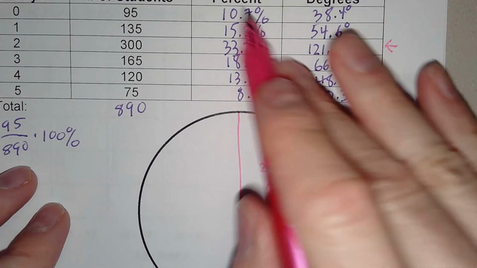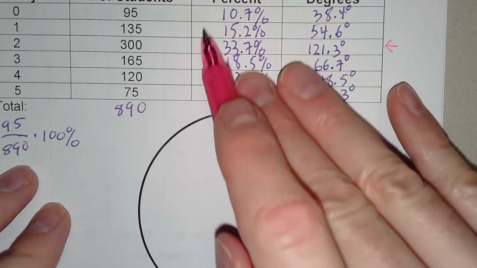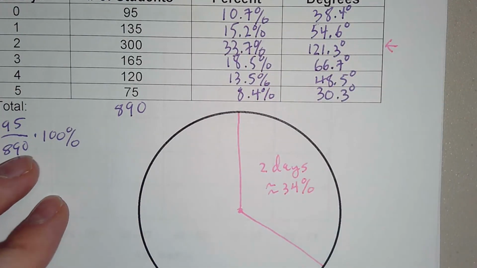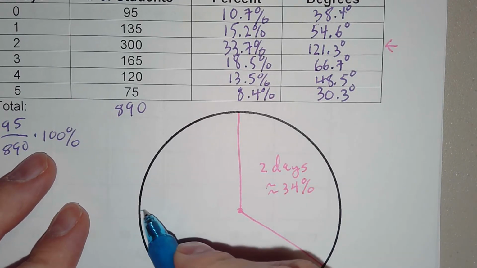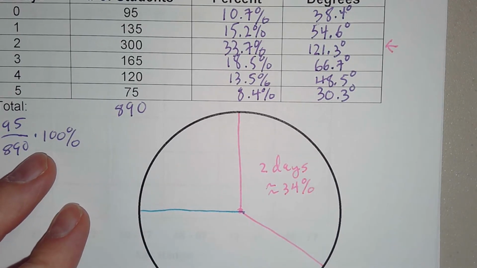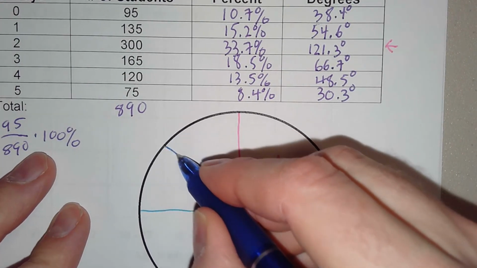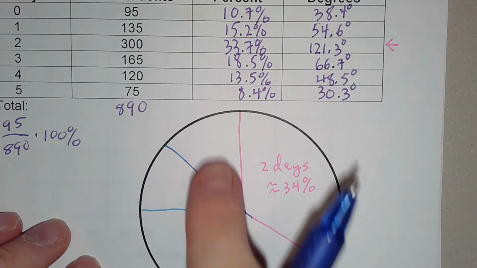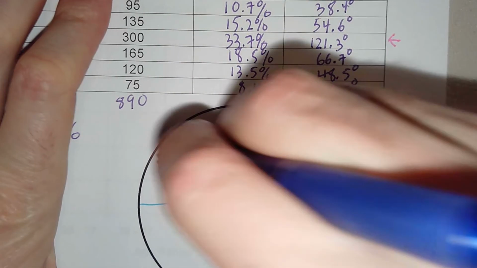Now, if I look at these two here together, that's about 26%, so that's about 1/4. So I'm going to draw a line, and then I'm going to subdivide this. Alright, so I think that's the bigger one. Now let's see if I can draw a little bit more accurately.